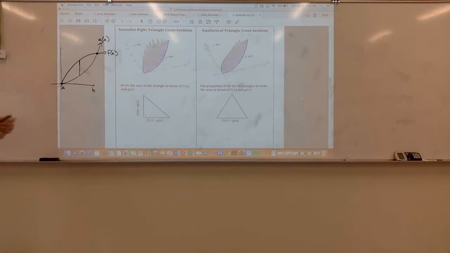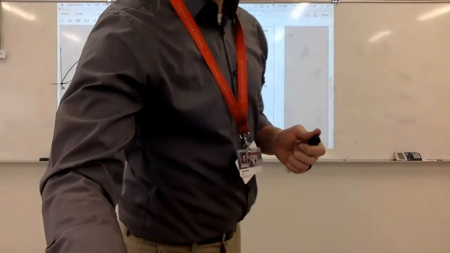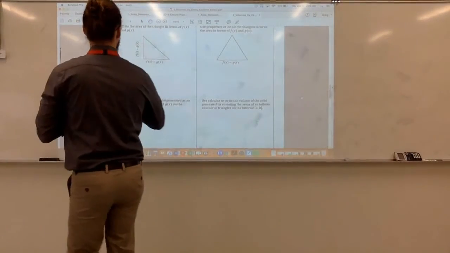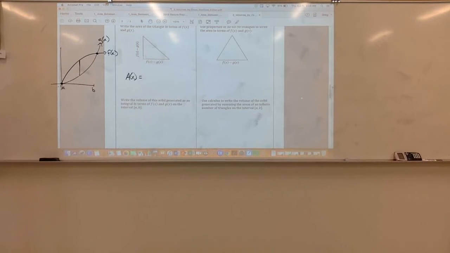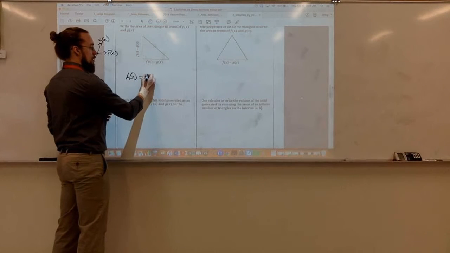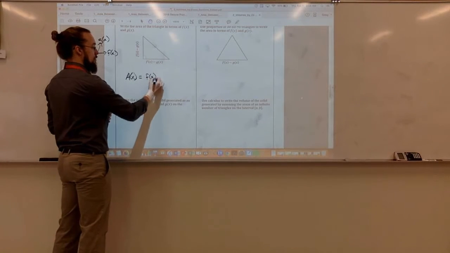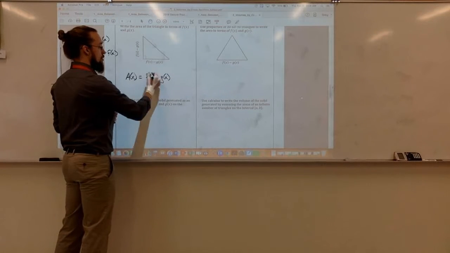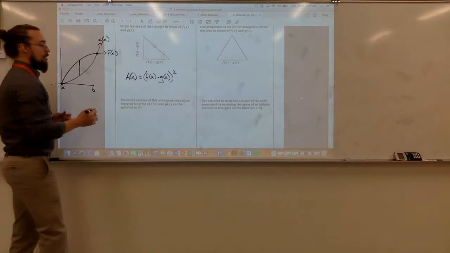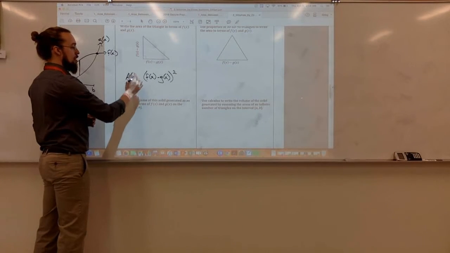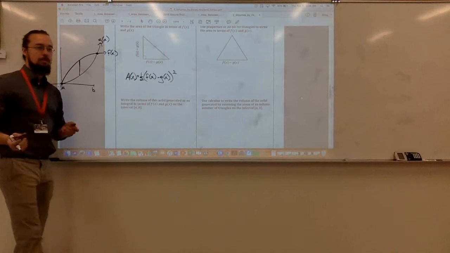So how would I write this area? How would I express the area of this isosceles right triangle? f of x minus g of x squared, all of that over 2 or times 1/2, either way.